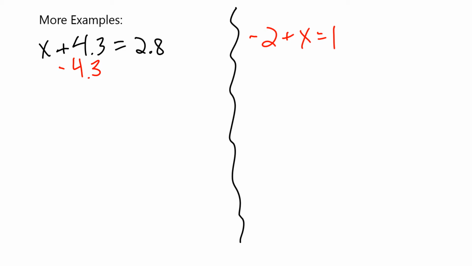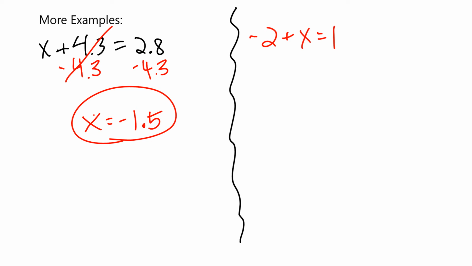We subtract 4.3 from both sides of the equation. On the side of x, 4.3 cancels out, getting x by itself. On the right-hand side of the equation, 2.8 minus 4.3 equals negative 1.5. The solution to our equation.